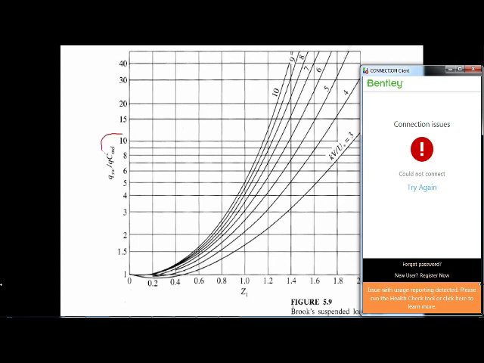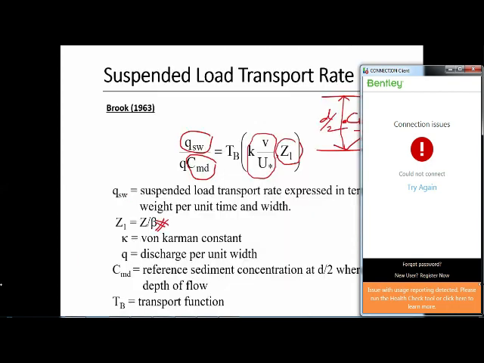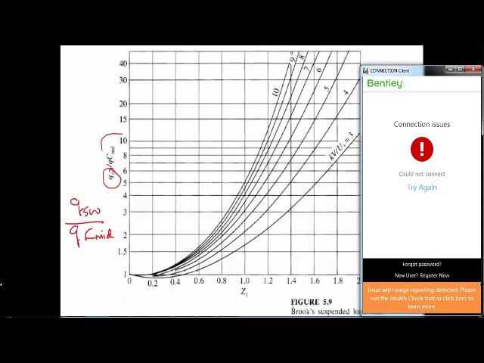So dalam equations ni kita nak cari what is this Q_sw. Okay, so Q_sw divided by the Q times the C mid, concentration. So these lines represent this transport parameter lah, K times V over shear velocity. Okay, so dia dah bagi this value, so you just need to determine what is your Z1.